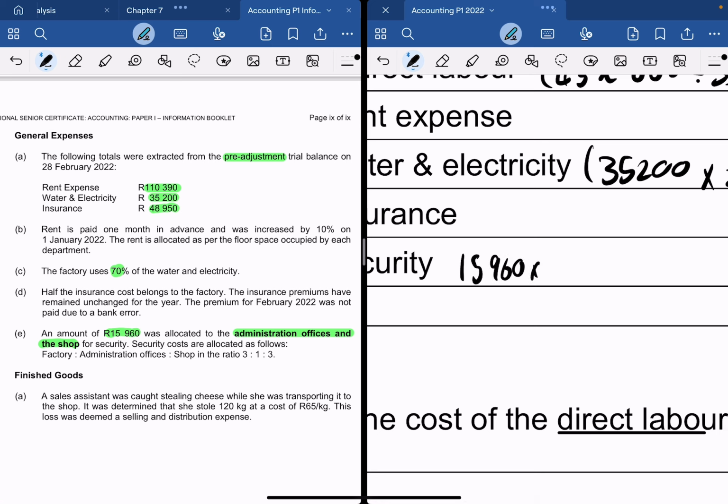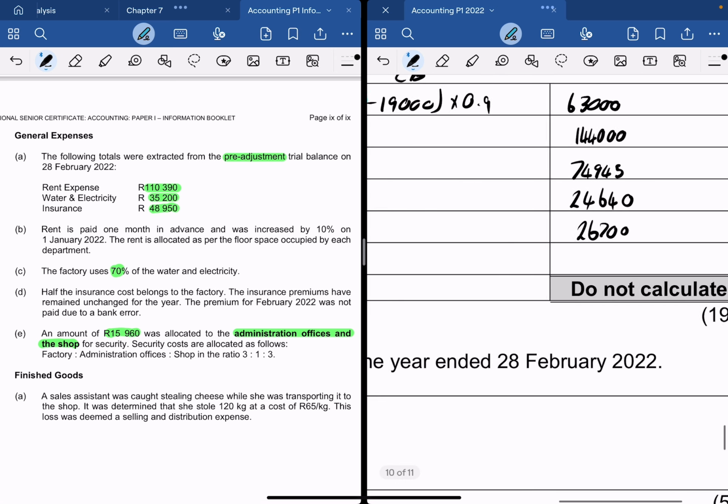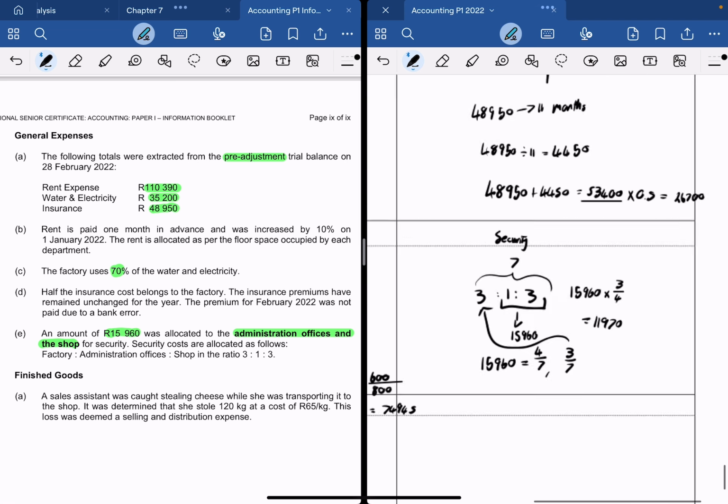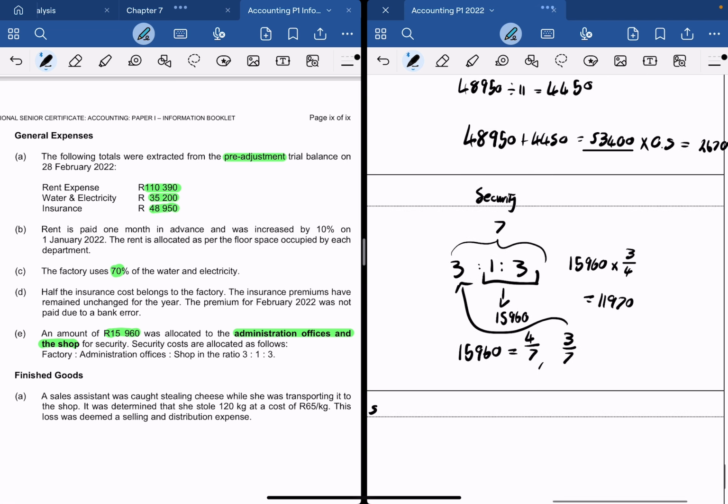But this is a calculation we could actually do in this block. 15960 times 3/4 is equal to 11970. So it's a bit tricky here, but they told us that for the admin and the shop, it costs 15,960. So for just the factory, which is three parts, not 4 parts, it will cost 11,970.